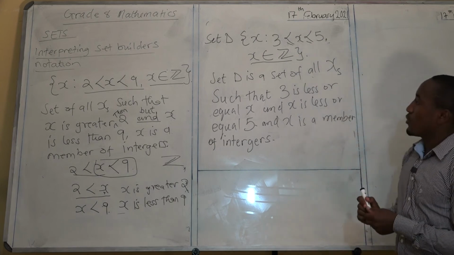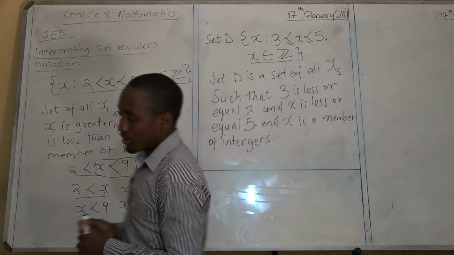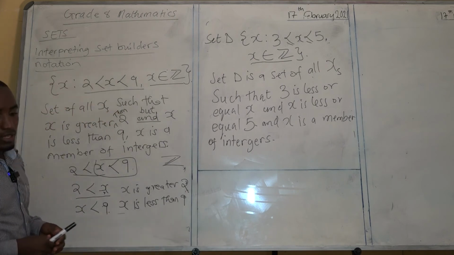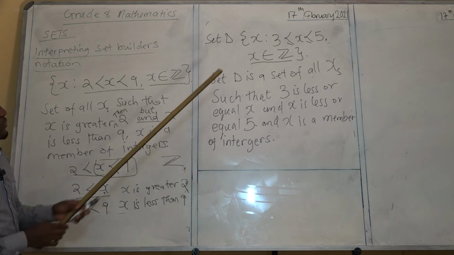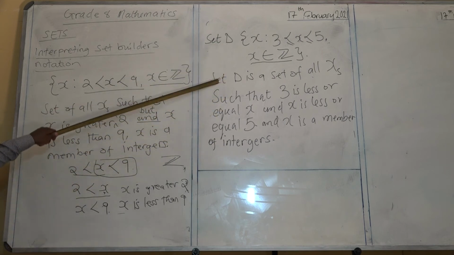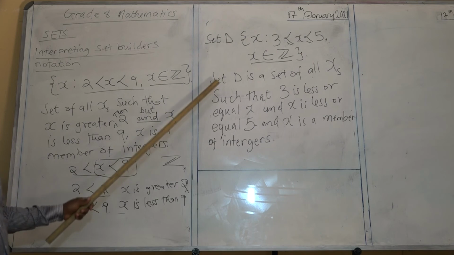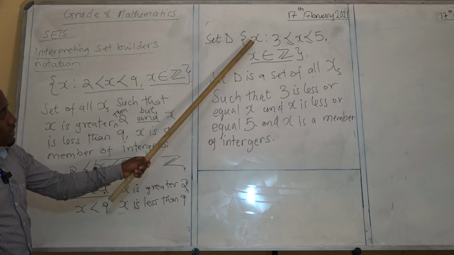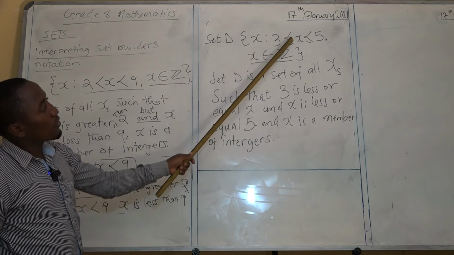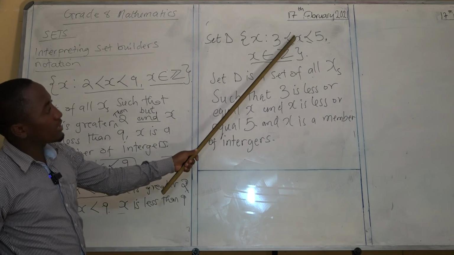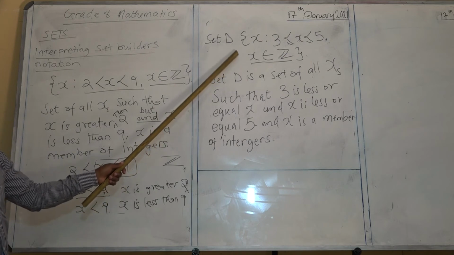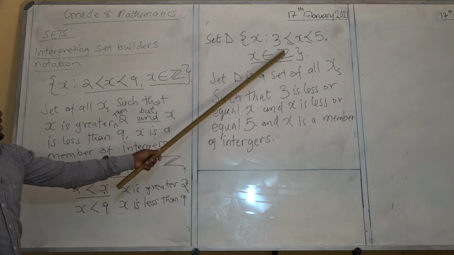Okay, so when I ask you a question to interpret a set builder notation, like in this case we had set D, you have to write it in this form. This set D is a set of all x such that 3 is less than or equal to x, and this x is less than or equal to 5. And you have been taught also that the very x is a member of integers.